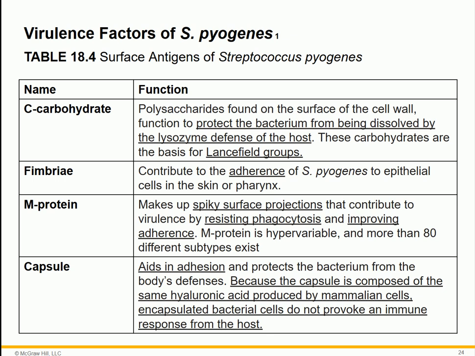And something very interesting is that the capsule is made from the same hyaluronic acid that we make, and that is why our immune system doesn't think that there's a foreign body and doesn't really respond to that capsule, because it thinks that it is a self-antigen.